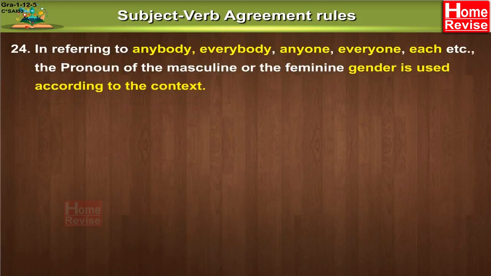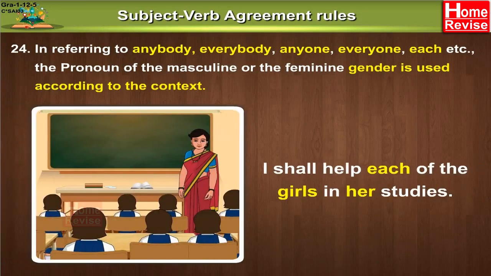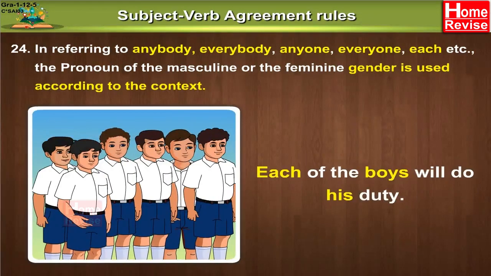24. In referring to anybody, everybody, anyone, everyone, each, etc., the pronoun of the masculine or the feminine gender is used according to the context. I shall help each of the girls in her studies. Each of the boys will do his duty.